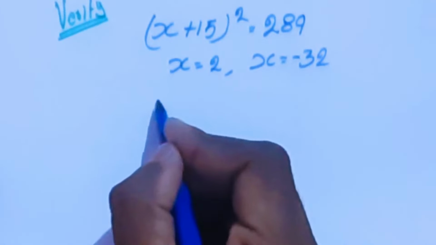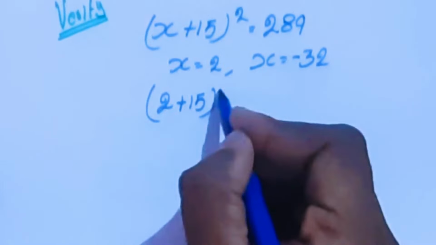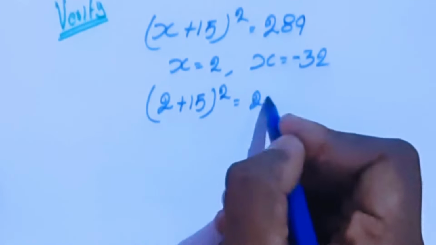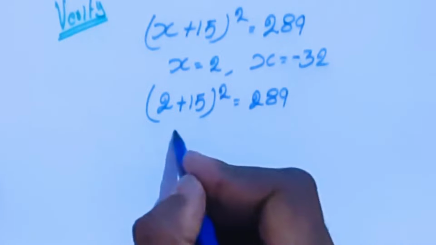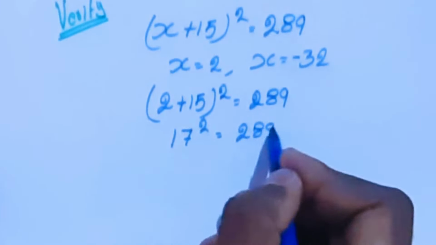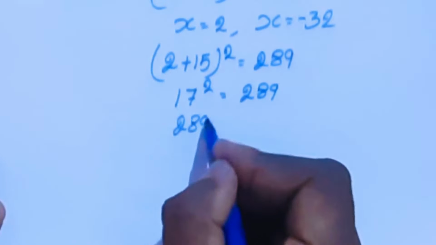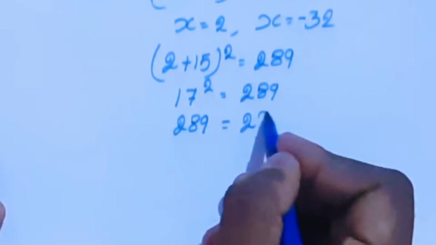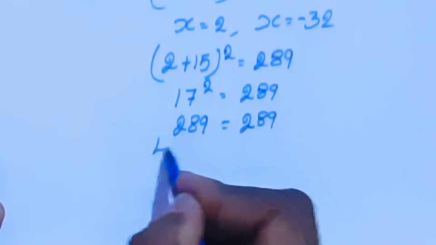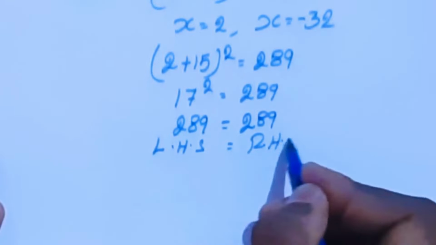Now applying this, (2 + 15)² = 289. Here 17² = 289. So 17² is 289 = 289. So LHS equals RHS.